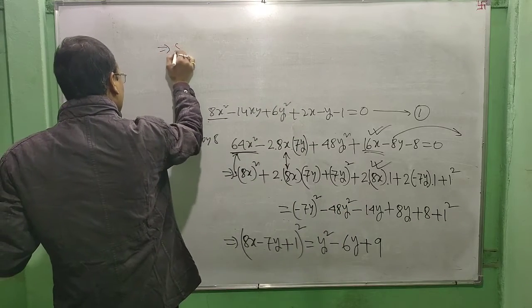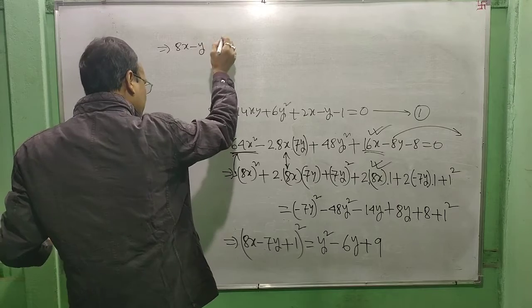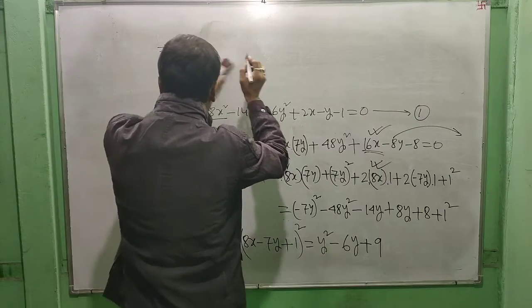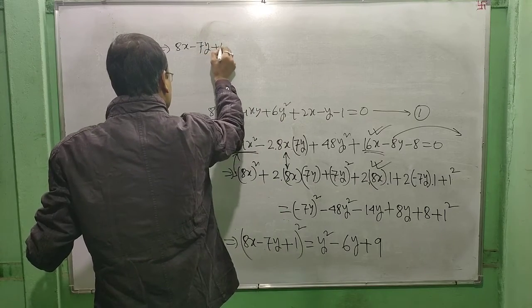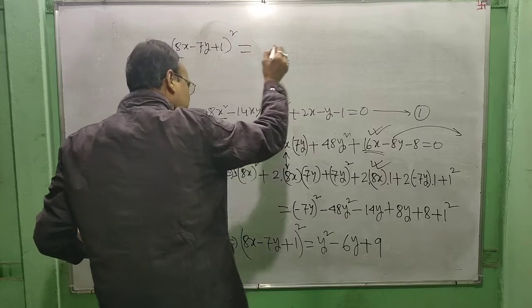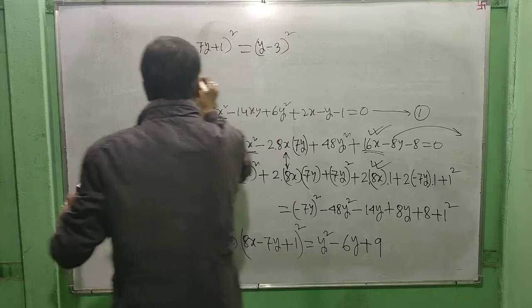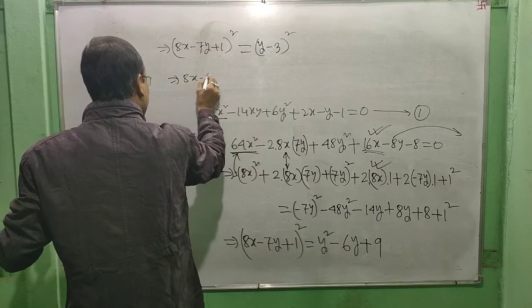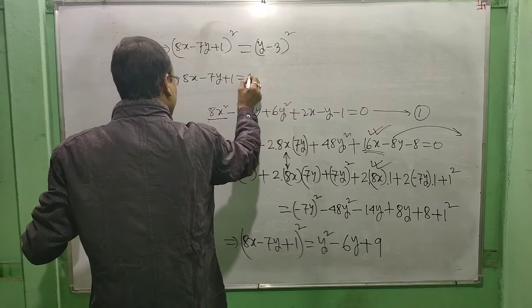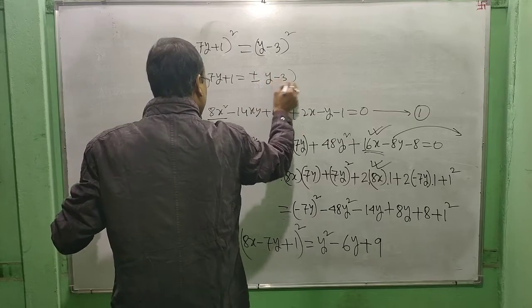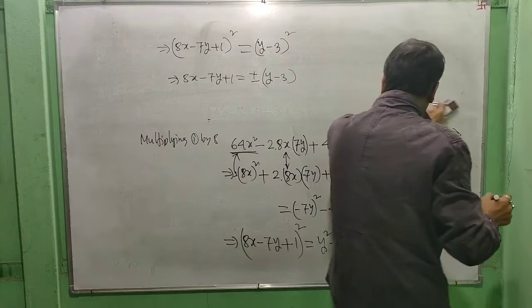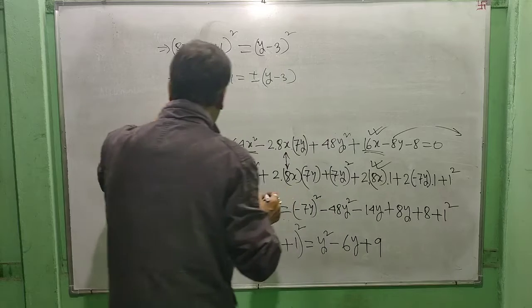This is nothing but y minus 3 whole square. This means 8x minus 7y plus 1 equal to plus or minus y minus 3.